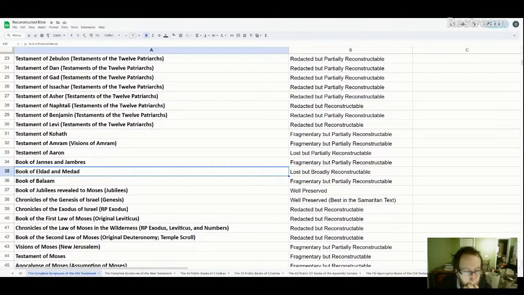I'm not seeing anything that closely corresponds with that size. So, like I said, it's about the size of Book of Esther.